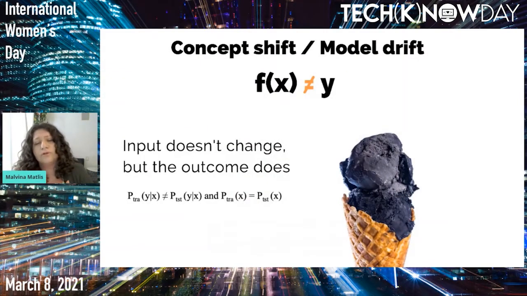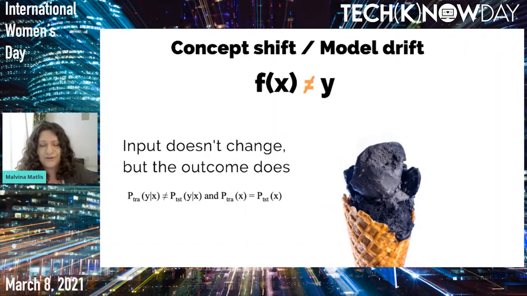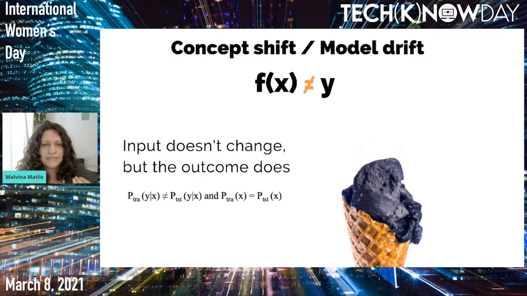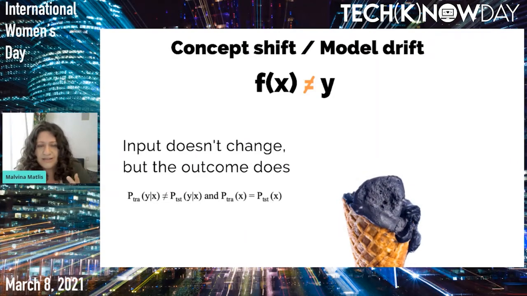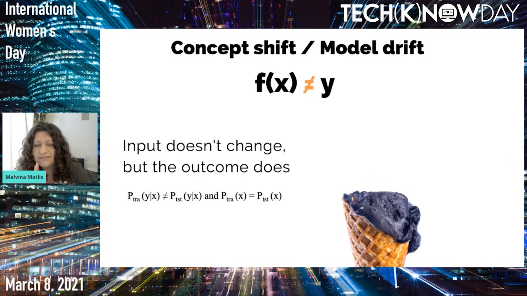Now let's say that you want to create a model that is going to predict the flavor of an ice cream, and the model is perfect. It will always get the right flavor of an ice cream. You have your ingredients, and it's chocolate ice cream. But what happens after a while? Is an ice cream still an ice cream, or is it more like a puddle of goop? That's the problem with models.